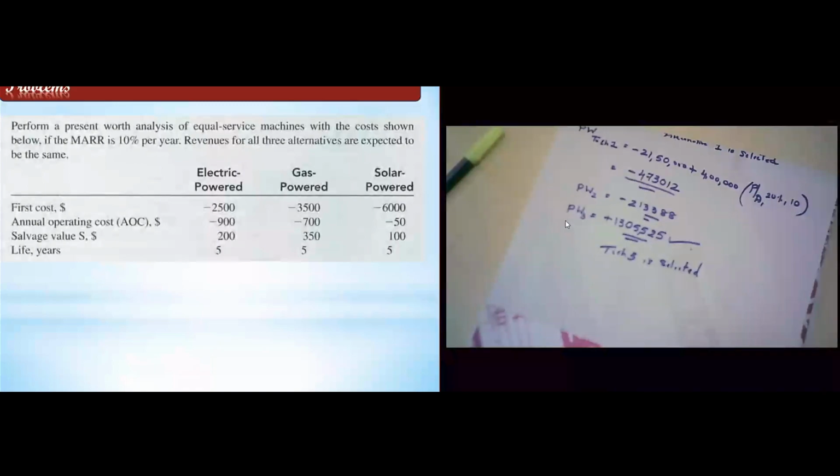Then the third alternative, which is 14%, again this value is higher than the MARR value. So 14% is greater than 12%, which is MARR, so alternative 3 will be taken for analysis.